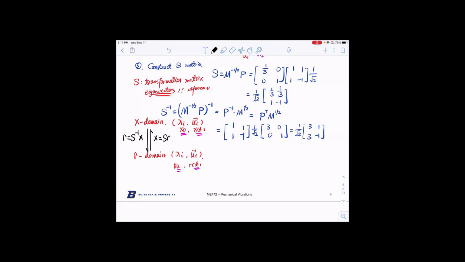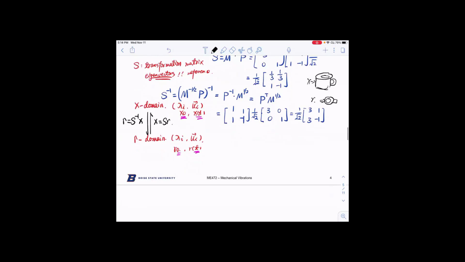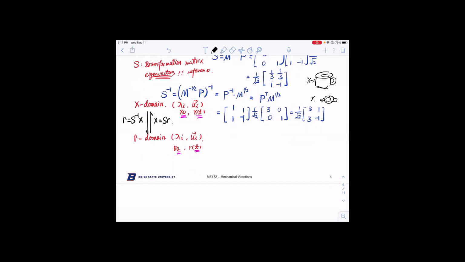Similarly here, if you remember my very first example, if you have a coffee mug and you want to draw it on paper, the easiest way is to look from the top or from the bottom, so then you just need to draw a few circles and a square. You can see over here, everything is simple. You can treat these as the R domain. Over there, everything is in the X domain, and the relationship there is not as clear as in the R domain. All right, so that's the power of eigenvectors and coordinate transformation. So let's convert everything to the R domain to see what's going to happen.